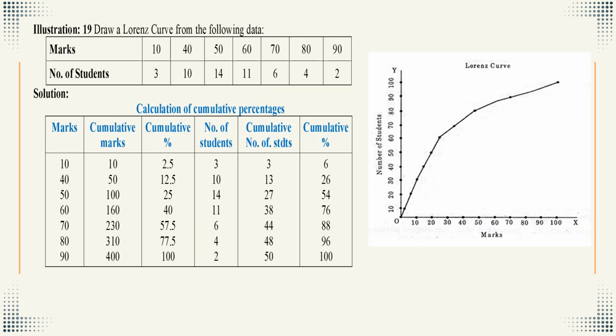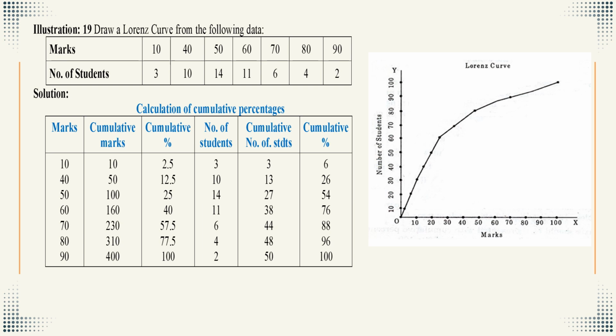Here the illustration 19, it has been asked to draw a Lorentz curve. Marks x, that is x value, number of students f have been given, that is 10, 40, 50 like that. It would be drawn in a table containing 6 columns, first marks and the second one cumulative marks should be taken.